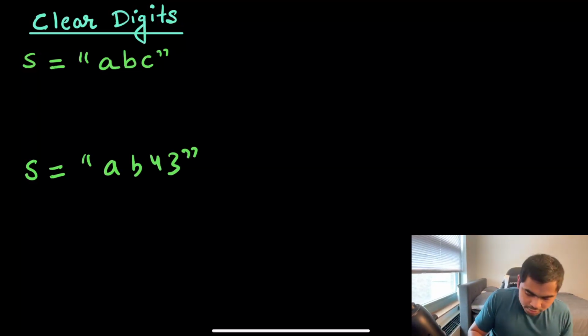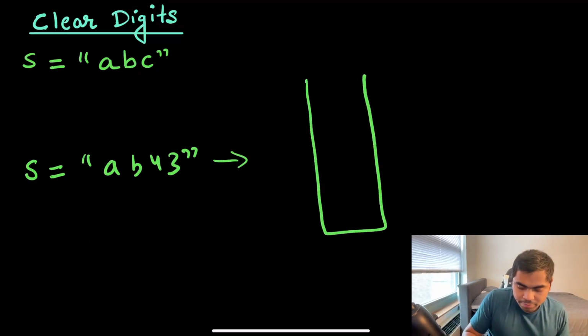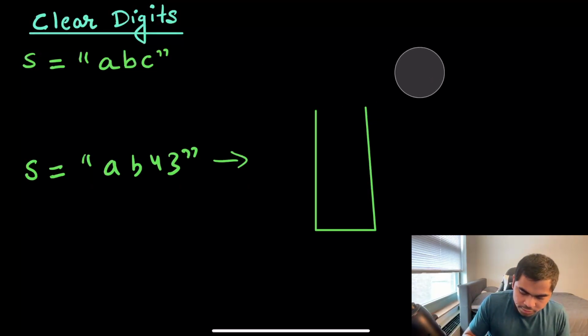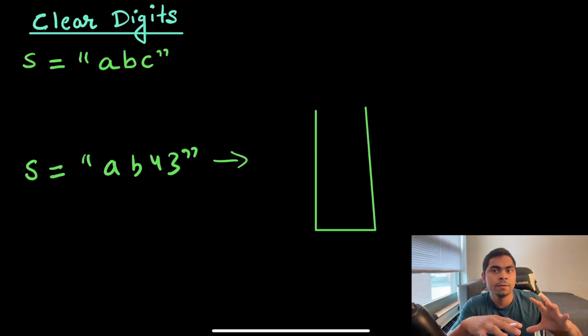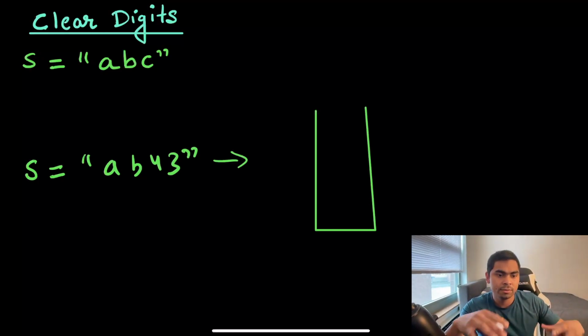So I'm going to have a stack. We have done similar problems before, and if you're following the series, I'm sure you came across these kinds of problems. Whenever the problem is asking you to do some repeated action on a string, and then whatever is left, do the same action again, definitely think about a stack as one of your solutions.